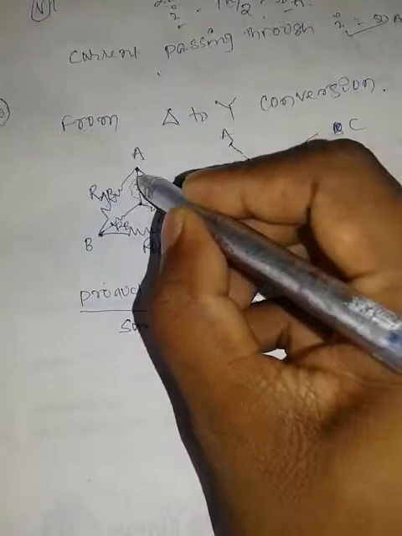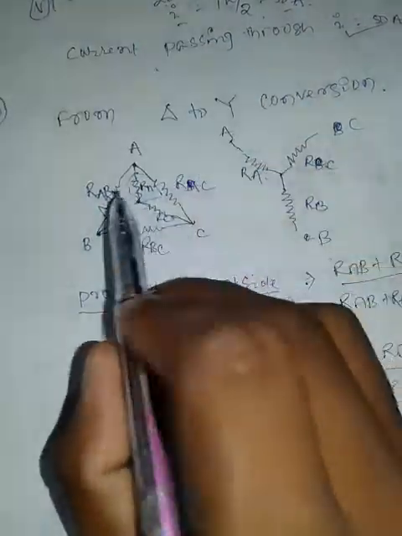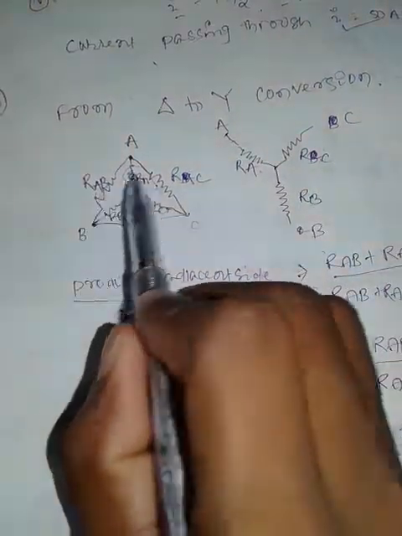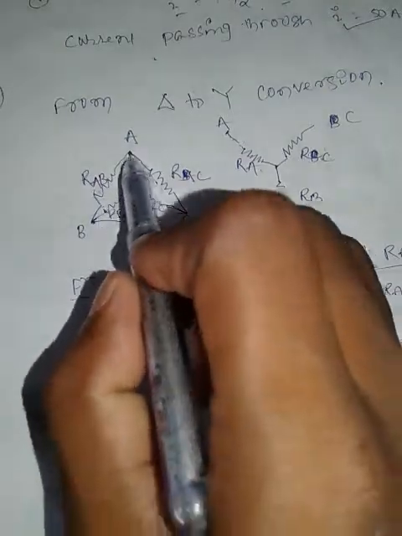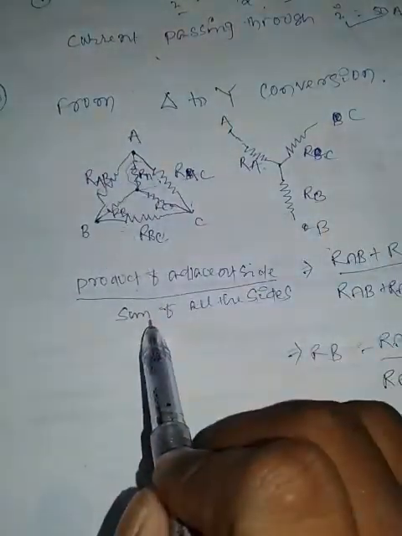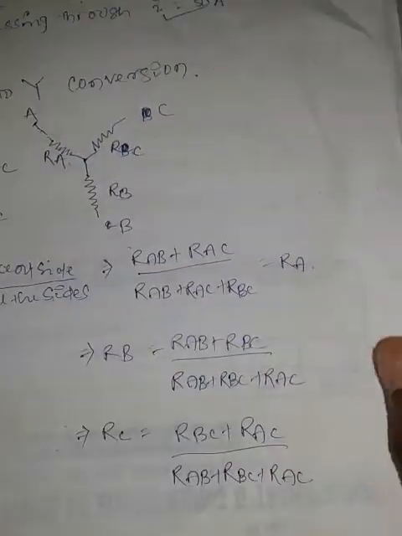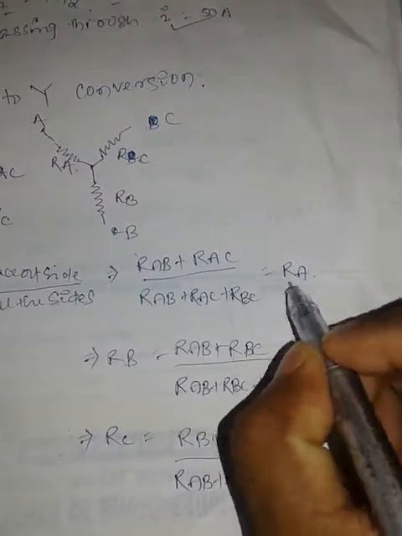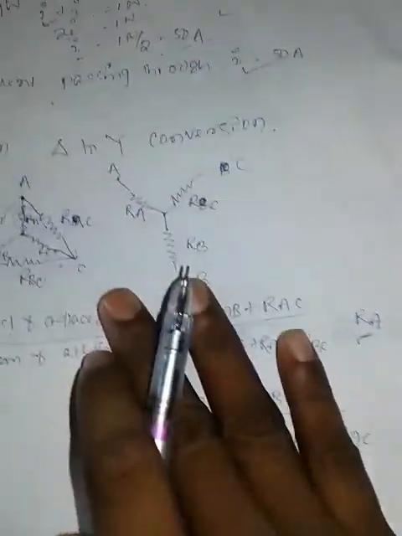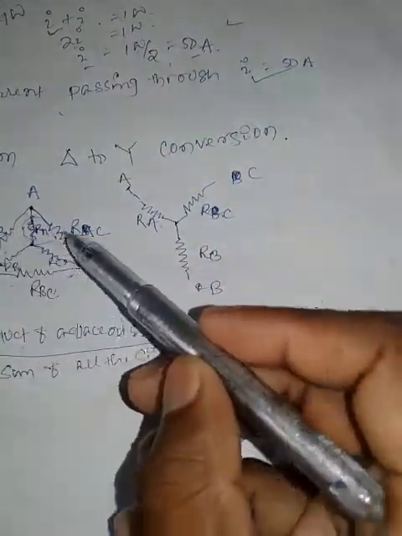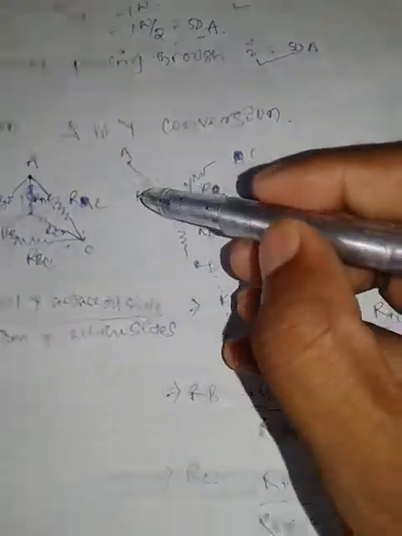When calculating RA, it is the product of the two adjacent sides divided by the sum of AB, BC and AC.